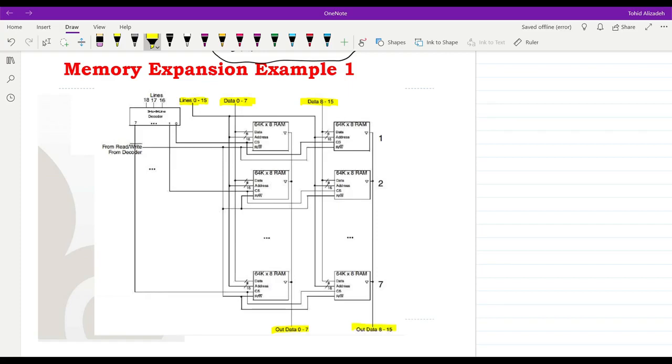So the least significant bits and most significant bits are separated at the input side, and then they are combined at the output side. And you can see how the 3 to 8 line decoder is used here, referring to address lines 18, 17, and 16. Again, you can see that the chip select inputs of two ICs in the same row are connected to each other, and then they are connected to one output of the decoder. So in this way we can expand our memory.